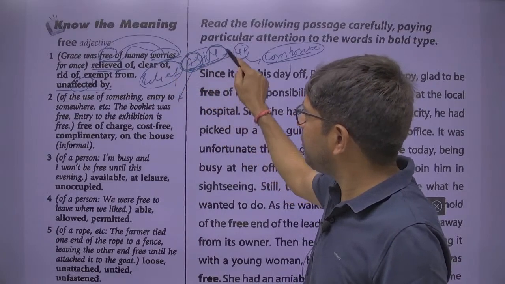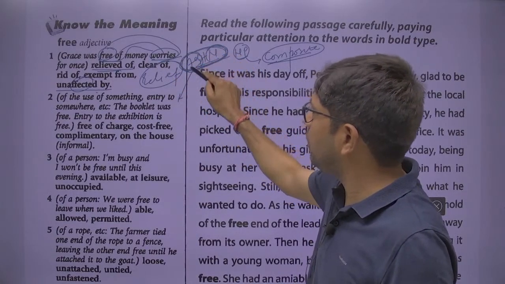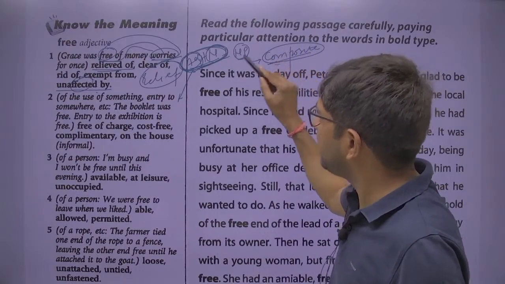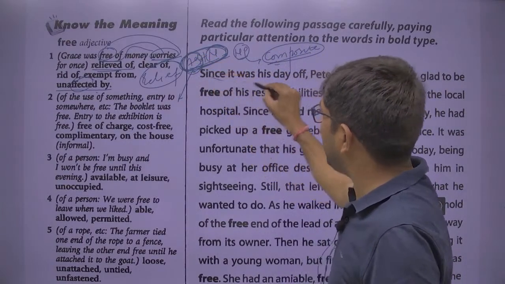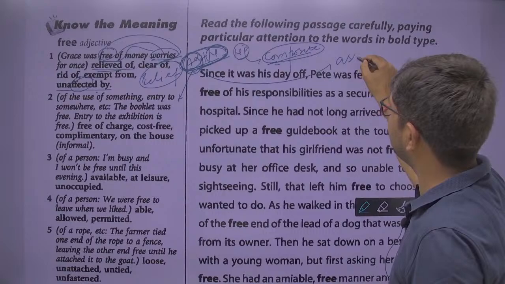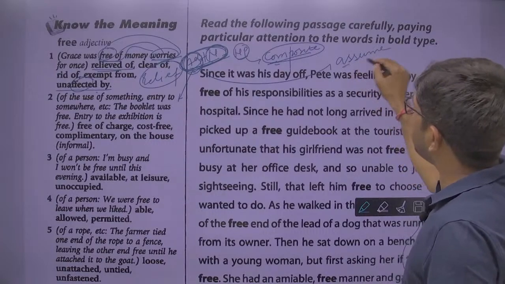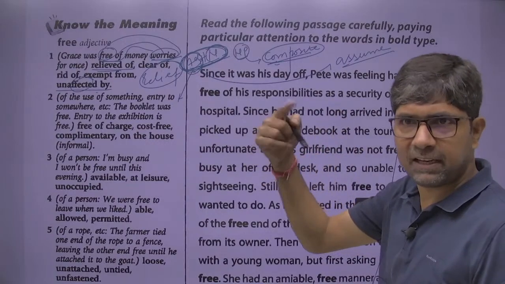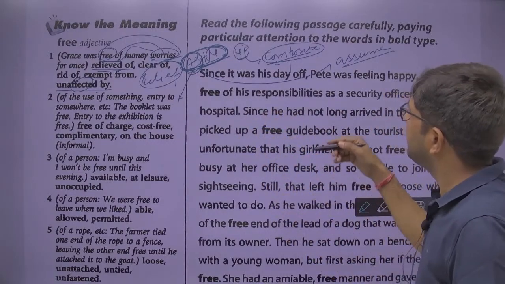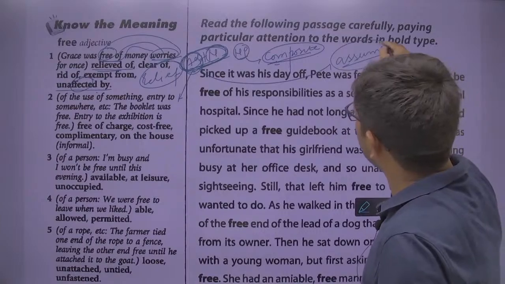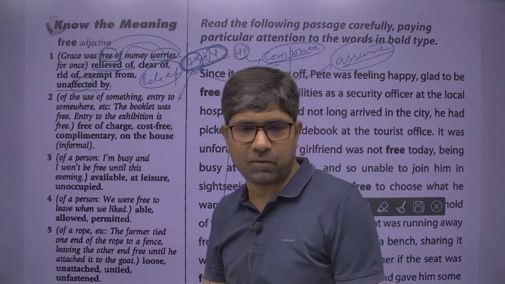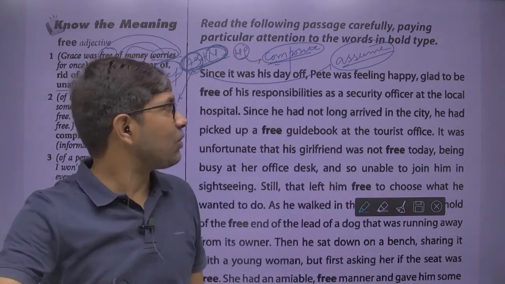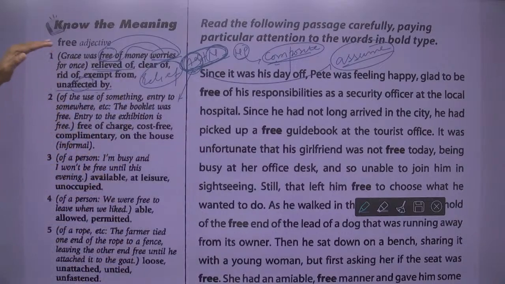When we go with adjective and noun and the composite meaning, then this adjective will assume a new meaning. Assume means धारण करना, it will take the other meaning there. So it will assume a new meaning. I hope you understand. So say Grace was free of money worries for once.